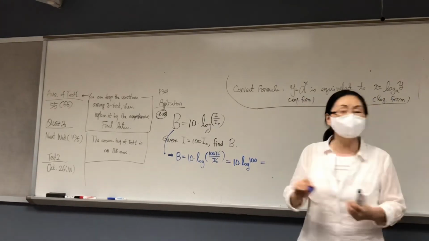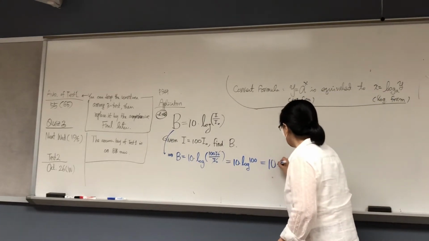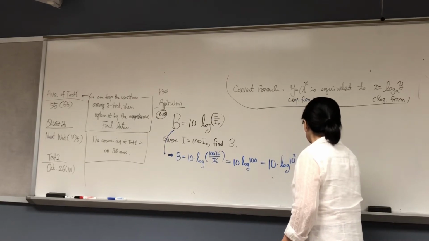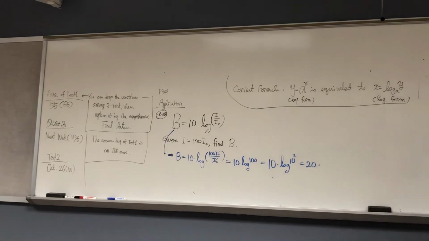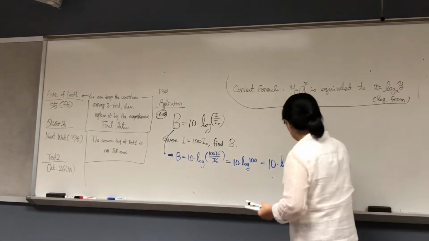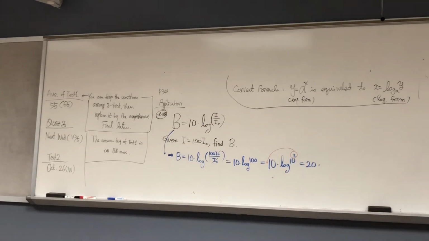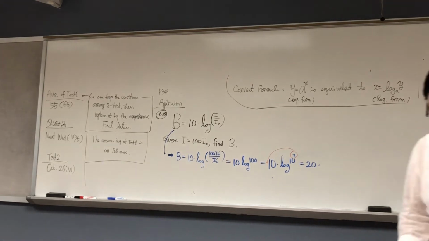Very good. It's 20 decibels, right? How do you know? This one is by the property of logarithms. So you can measure using this kind of model. This loudness model uses the logarithmic function, isn't it? Good.